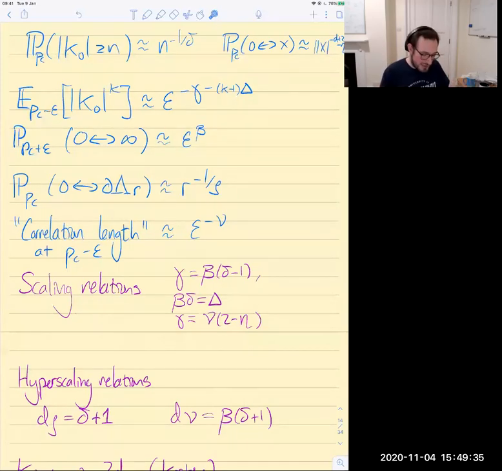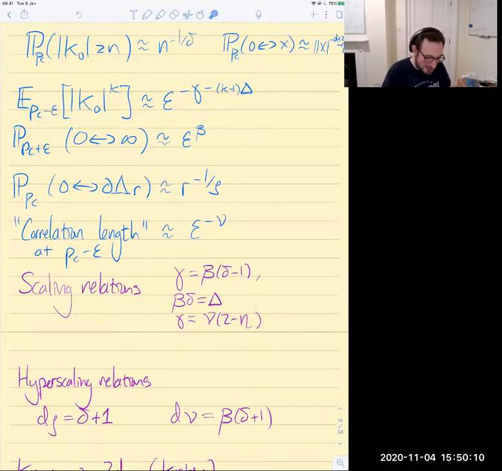If you're at p_c minus epsilon and look at the two-point function between two points, it should be roughly the same as at criticality if you're within the correlation length, and if you're far outside the correlation length, you should start to see exponential decay. All this relation says is that most of the expected mass of the cluster comes from within the correlation length, and within there the two-point function is roughly the same.